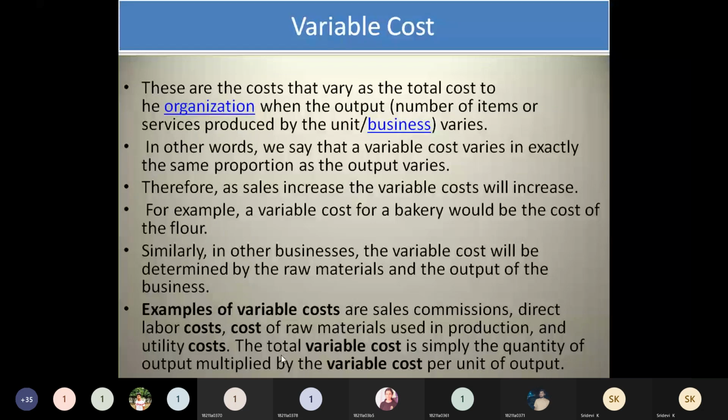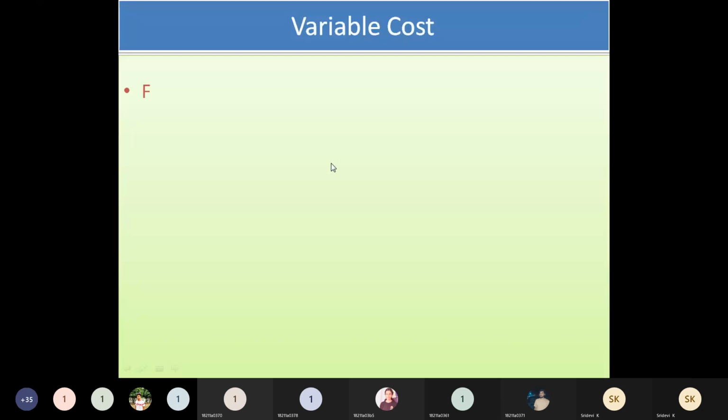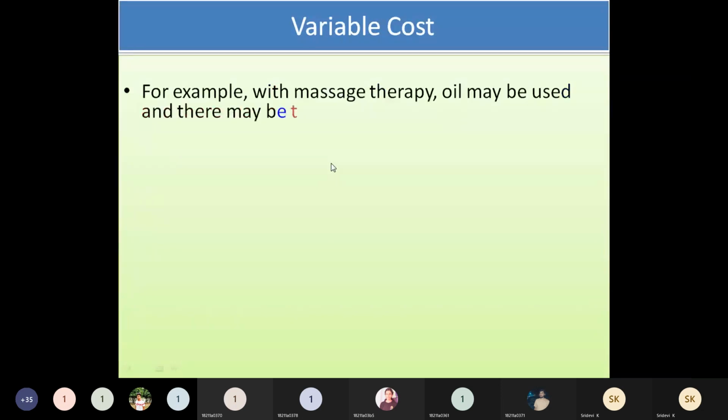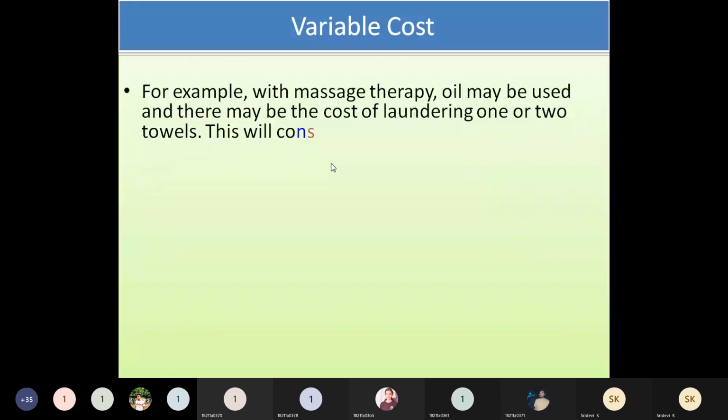Even for machinery, you will be using certain oils, no? Oils are also included in variable costs for running the machinery. So all those are called variable costs. So how to show this variable cost curve? Some more examples I gave here, like laundry.